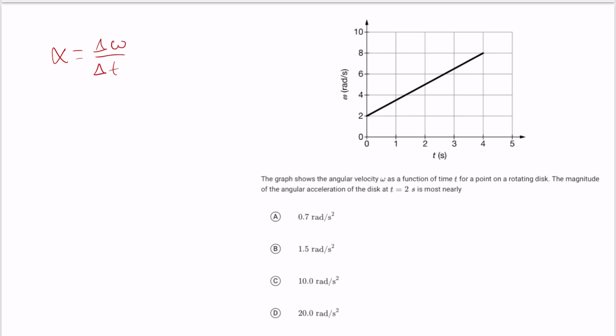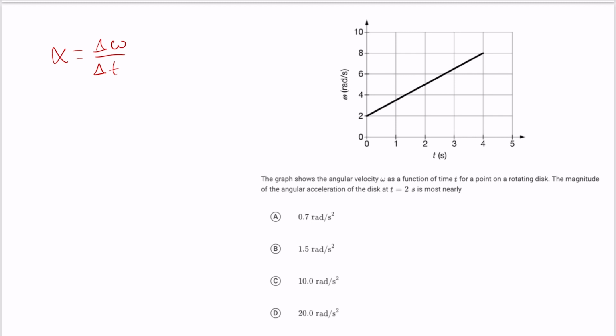So the slope at any point on this graph is going to tell me what the angular acceleration is at that time. The interesting thing is that this is a linear graph, so the acceleration is the same throughout the entire graph. On a straight line, the slope doesn't change from point to point. That said, all I need to do is find the slope of this line, and I should have the acceleration at any point from 0 to 4. So I'm just going to go ahead and do the slope formula here.